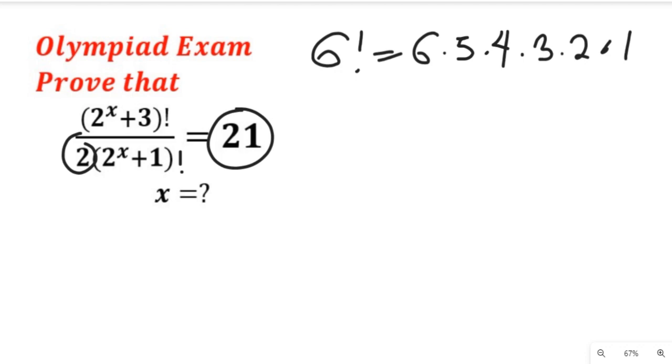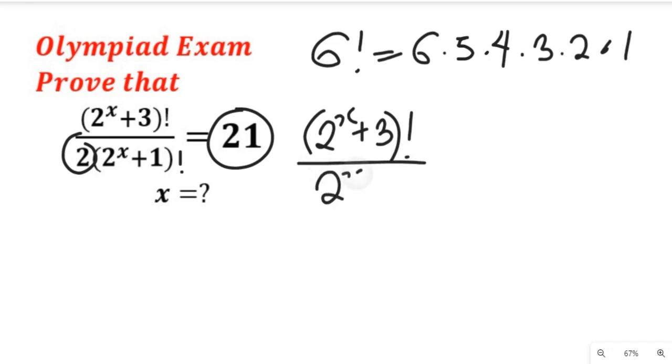So if we multiply both sides by 2, we are going to have (2^x + 3)! divided by (2^x + 1)!, and that will be equal to 21 times 2, and 21 times 2 will give us 42.